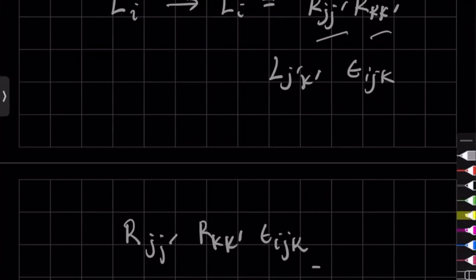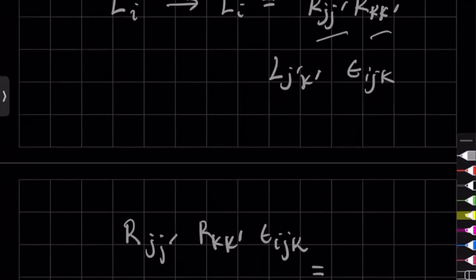So we should get, how many indices are there? JK is JK, so we should have 3 indices, right?